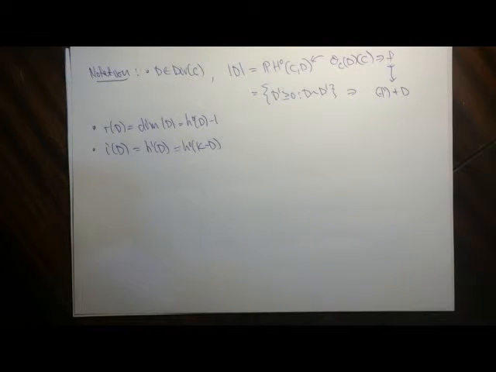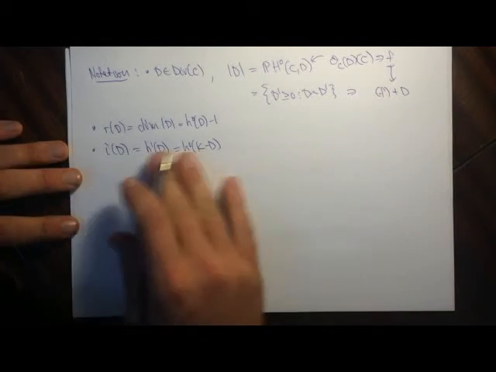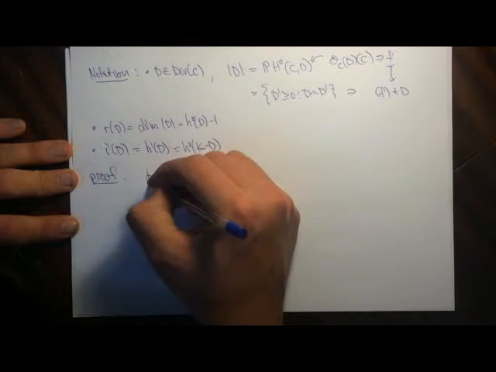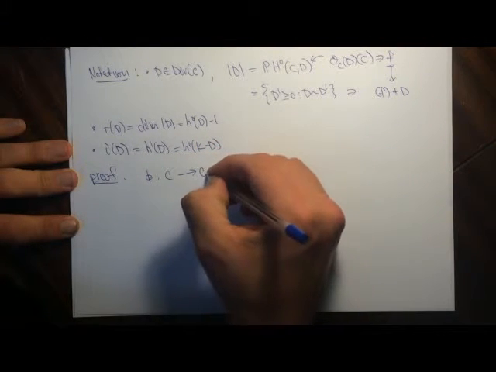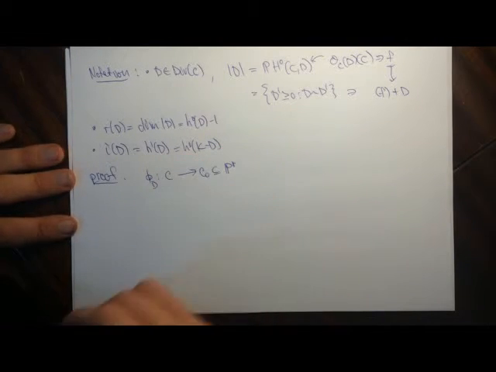Okay, so let me say something else. I guess we should just start the proof again. So here's the setup. We have a map. This is the map induced by this divisor.